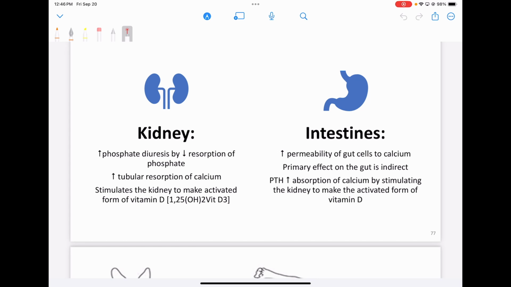But we don't want the phosphate, we need the calcium. So PTH will tell the kidneys, get rid of the phosphate, we don't need it, but keep the calcium. Stimulate calcium absorption, get the active vitamin D form flowing, goes to the intestines and tells the intestines to increase absorption of calcium.